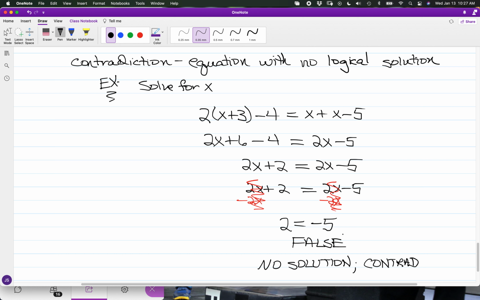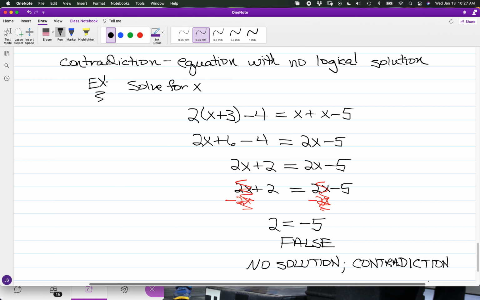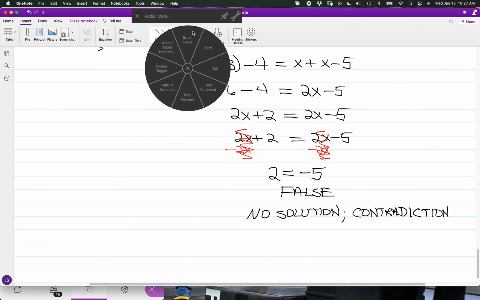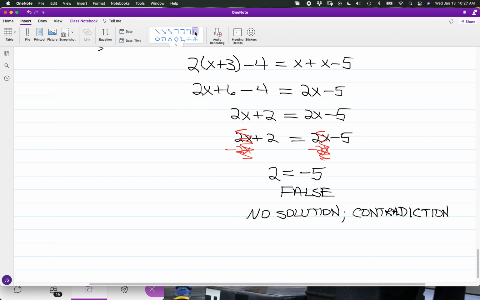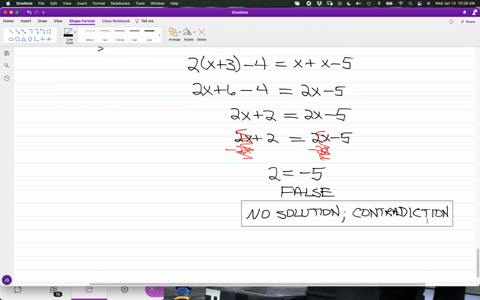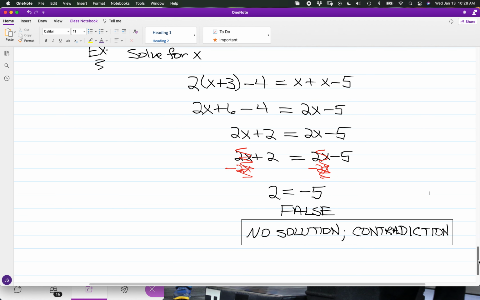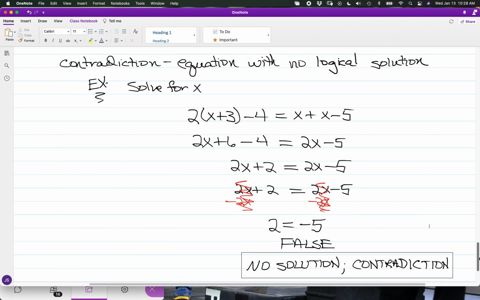The contradiction being where you have the process lead up to the result where we have that 2 quantities are said to be equal to each other, and yet they're not. Okay, so conditional has a limited number of solutions. A contradiction has no logical solution.